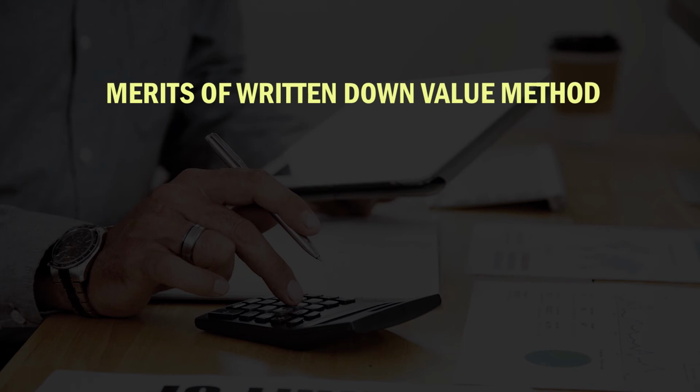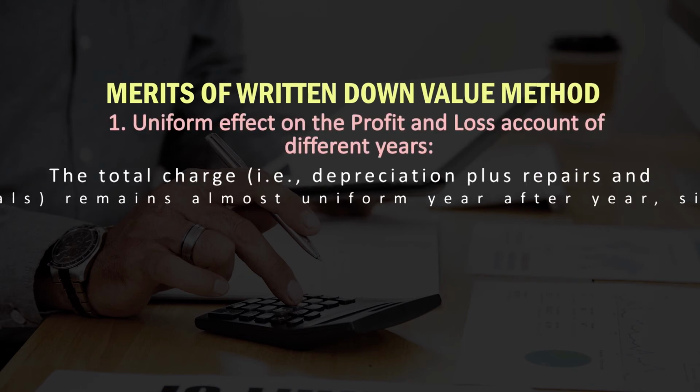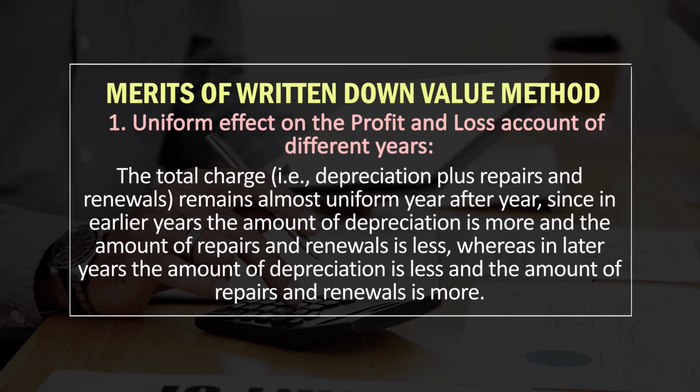Merits of the written down value method: uniform effect on profit and loss account of different years. The total charges, that is depreciation plus repairs, are almost uniform year after year, since in the earlier years the amount of depreciation is more but the amount of repairs is less, whereas in the later years the depreciation is less but the repairs are more.